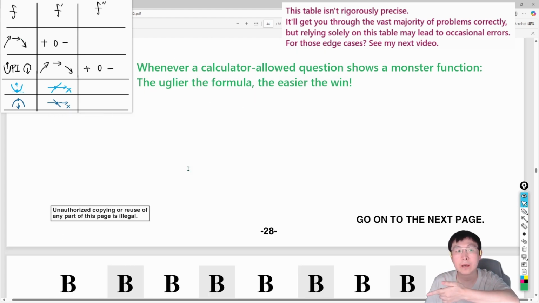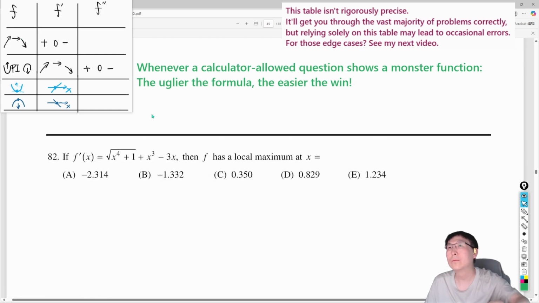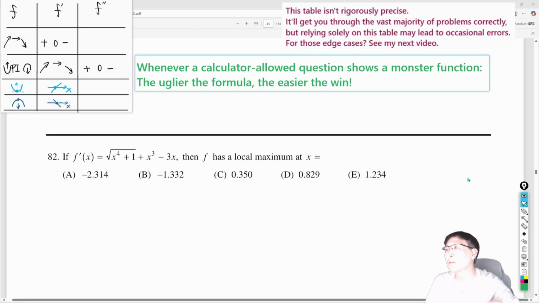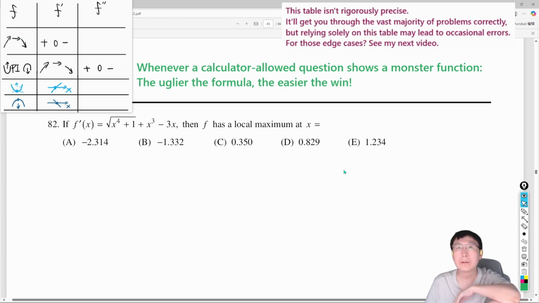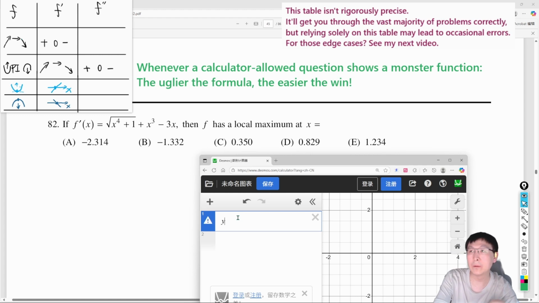Then let's check question 82. Let me cut these two first. Okay, now let's check question 82. I will open Desmos. In this question, we know the formula. That's how we know the graph. Let me do the input.